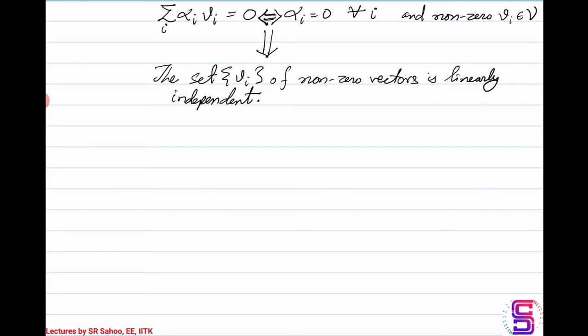The reverse implication also holds. If you already know that a set of non-zero vectors is linearly independent, then it is guaranteed that if you take the sum of the scaled versions of the vectors and you want it to be 0, this is only possible if the scaling factors are 0. So the reverse implication holds. This is an if and only if statement.